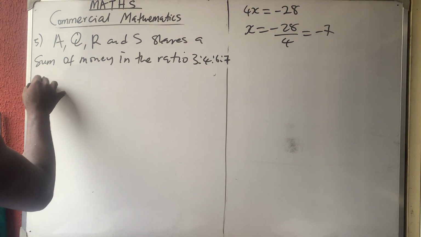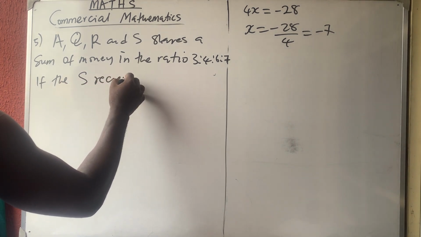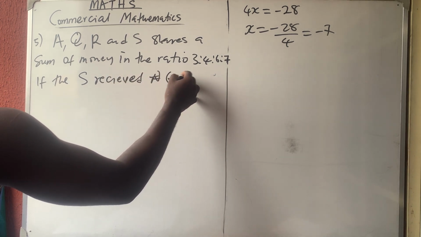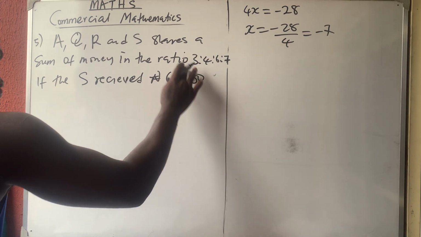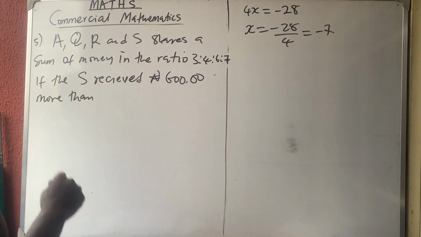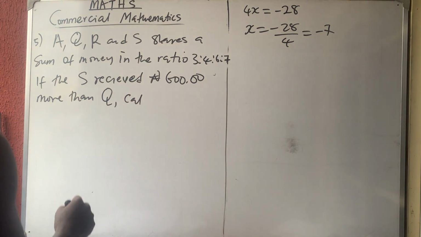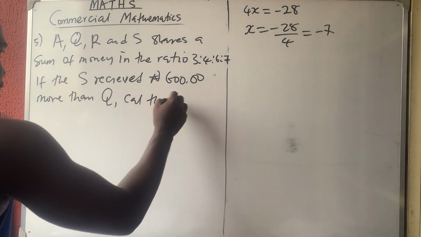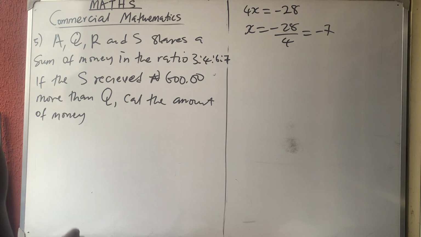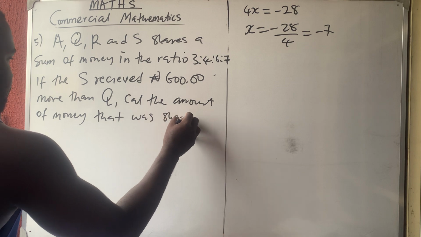They now said if S receives 600 naira more than Q, calculate the amount of money that was shared. All right.